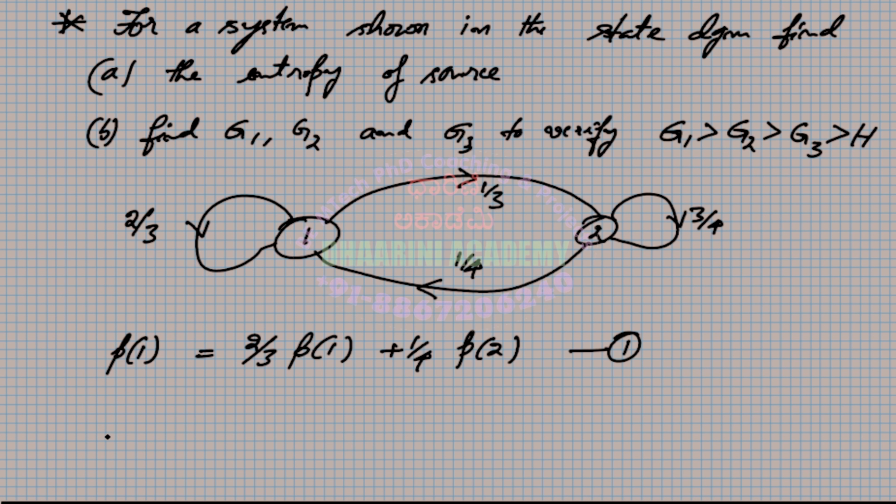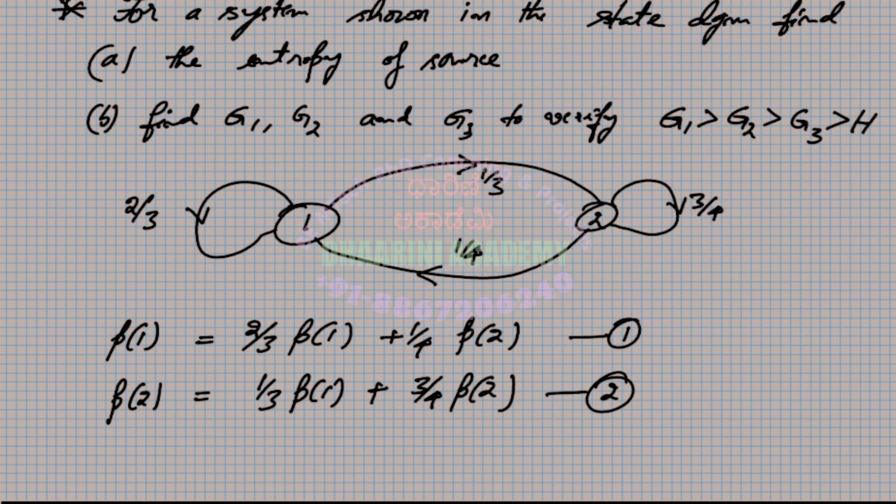All right, so that is for P of 1. Similarly, probability of 2 is 1 by 3 times P of 1 plus 3 by 4 times P of 2. All right, so this is equation number 2.